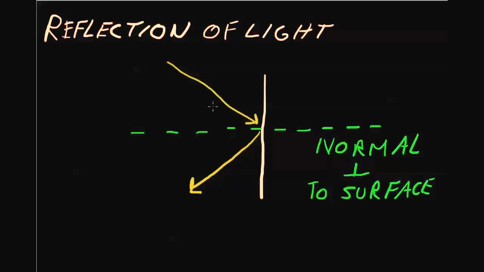So for the incoming ray, we can measure the angle from the ray to the normal, and that's the incident ray, and then we can measure this angle, and that's the reflected. What this is telling us is the angle of incidence equals the angle of reflection.